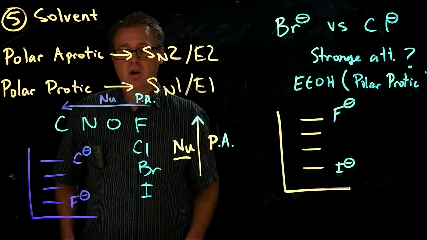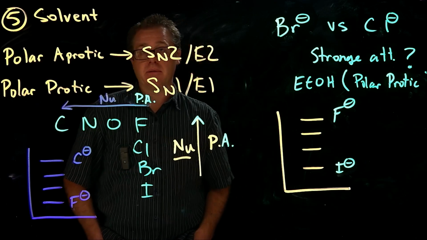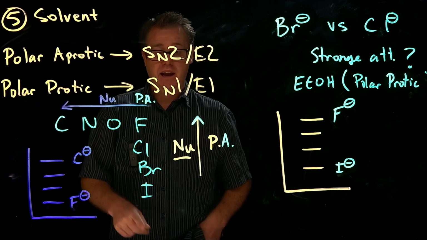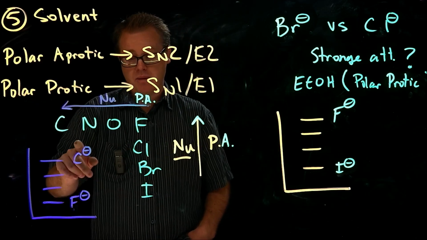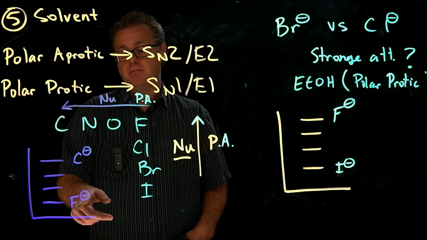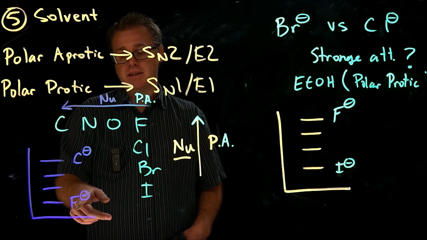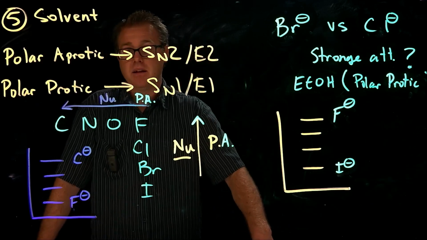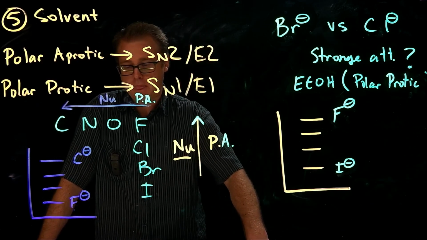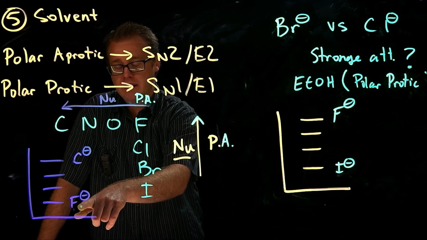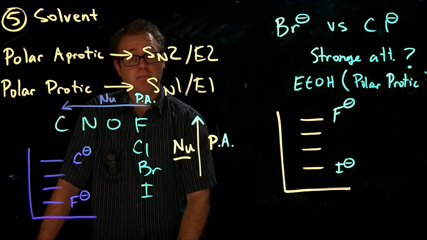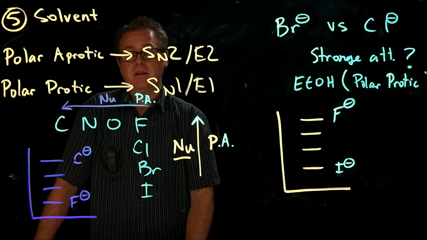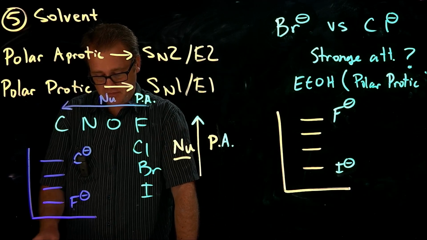So we just have to go off of the principles that we've learned before. We can't use a size argument in determining if the carbon is more stable or the fluoride, okay, because they're the same size. But what can we use to invoke the stability? We can say electronegativity. The fluoride is more electronegative, so it can stabilize the negative charge better. So it's going to be lower in energy, making the carbon anion the stronger nucleophile. All right.